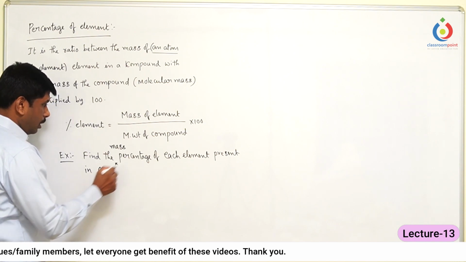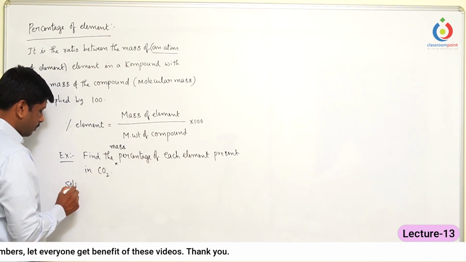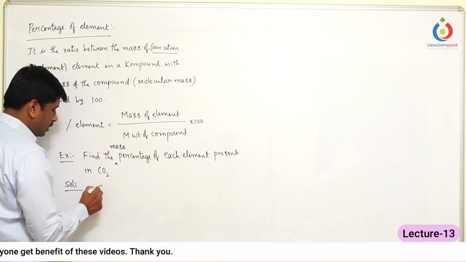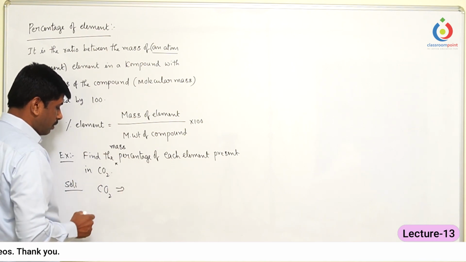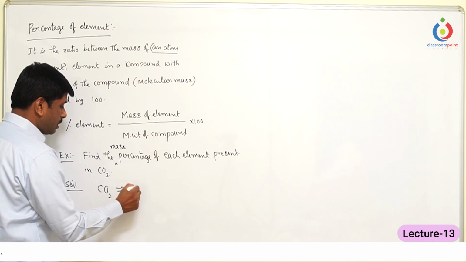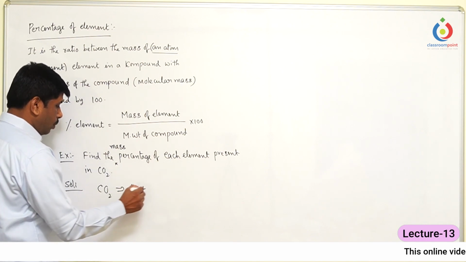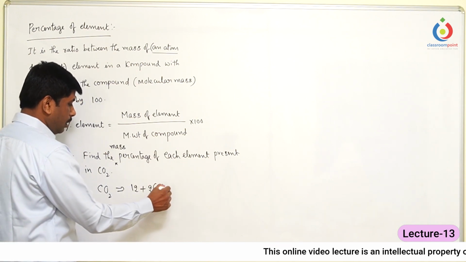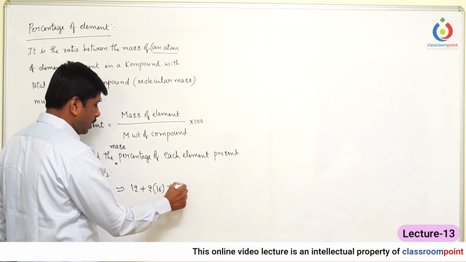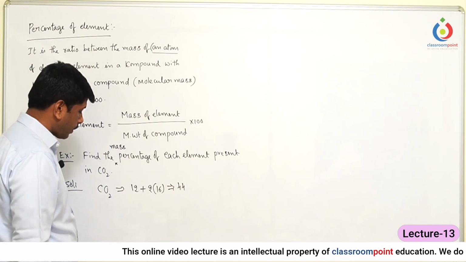So here, carbon dioxide is composed of two elements, carbon and oxygen. Each carbon mass is 12 grams. There are two oxygens, 2 into each oxygen mass of 16 grams. The total molecular mass of carbon dioxide is 44.